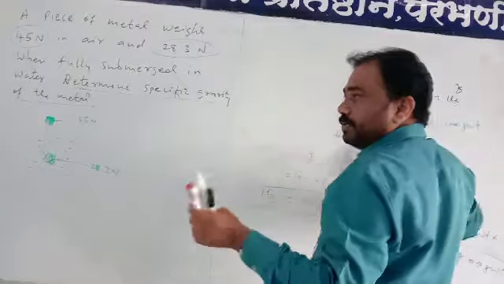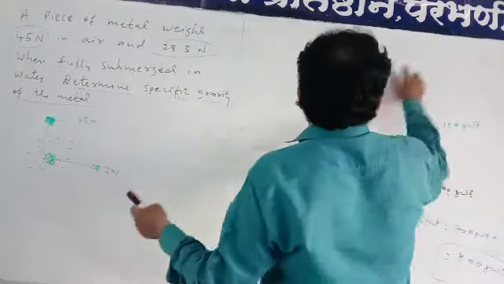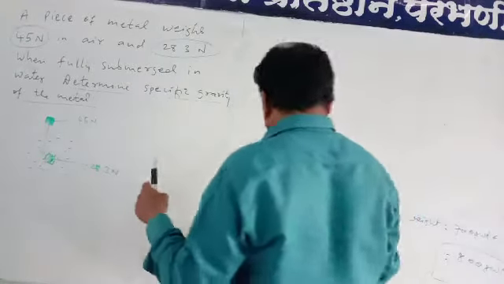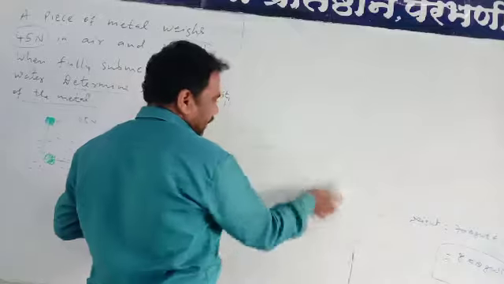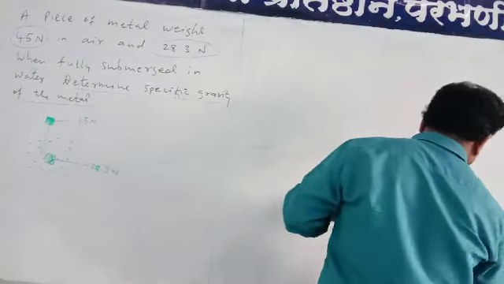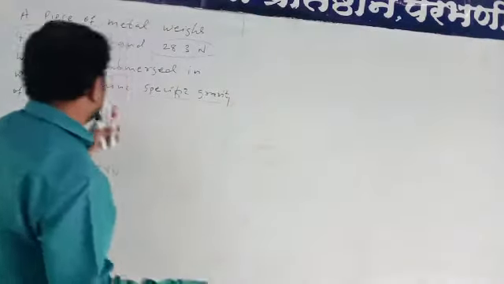What is the actual meaning of specific gravity? Specific gravity is the density of solid upon the density of liquid, or water.